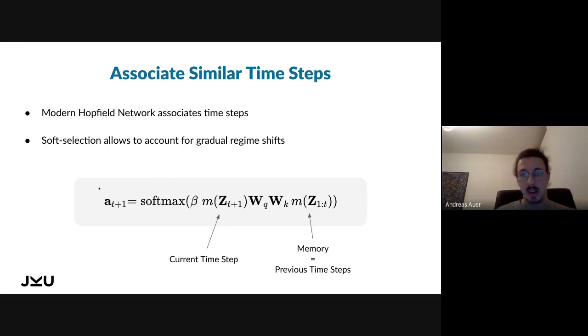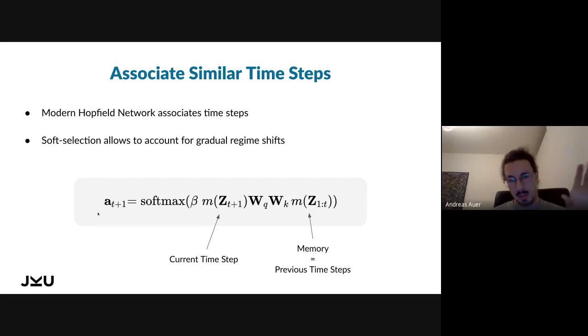And these weights more or less indicate whether this current time step is similar to these other time steps. And this similarity should represent the similarity in terms of regimes, right? And these are soft weights. What I mean with that is that it's not 0 or 1, from the same regime or not, but rather a soft selection, which also allows you to do something like gradually decaying the importance of past time steps so that more recent ones are more important or something like that.